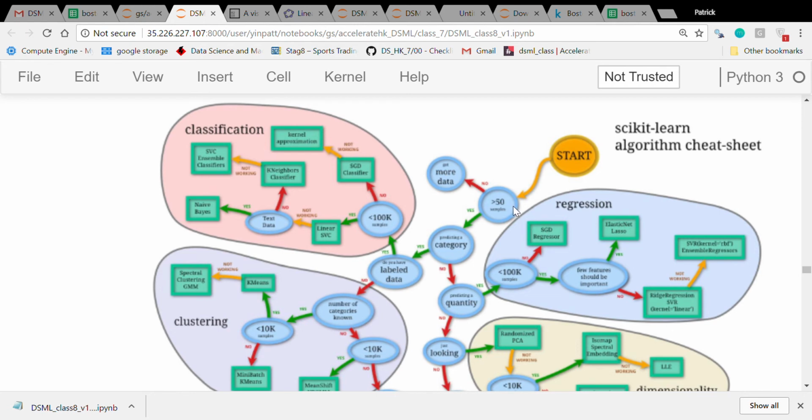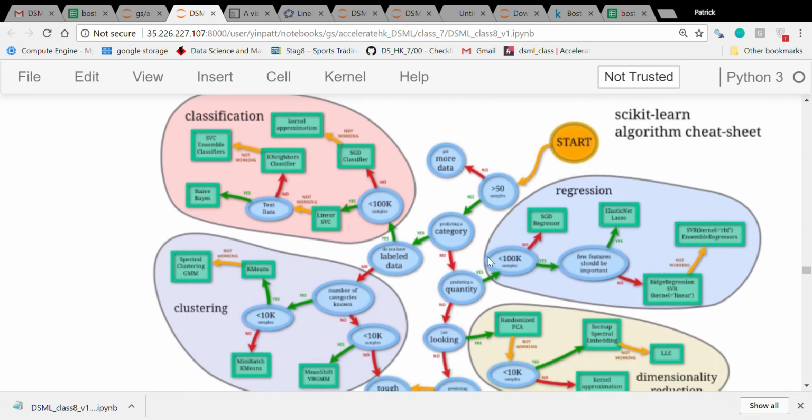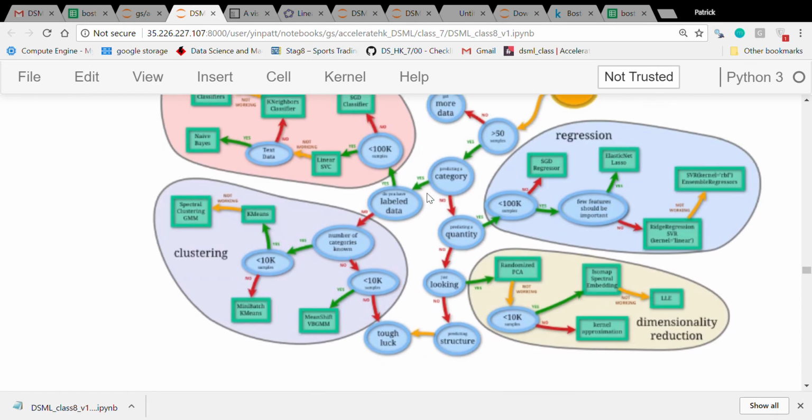If you have more than 50 samples, it's okay to keep going. If you have less than 50 samples, you have to gather more data. And then you ask yourself whether or not you want to predict a category or a magnitude. If it's a magnitude, you go to regression.